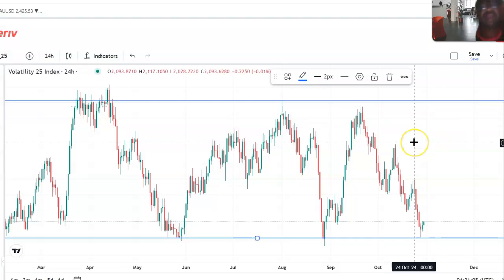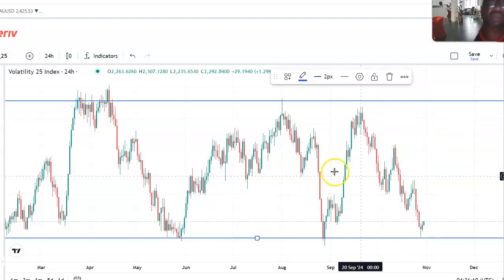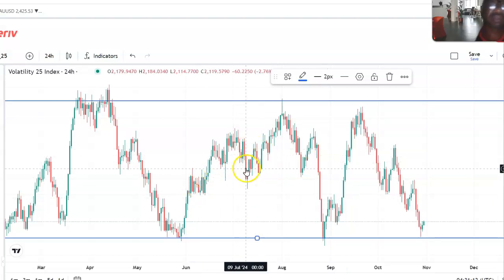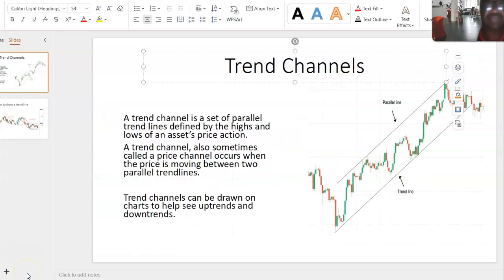So then another thing you need to do is to learn how to trade what? To trade channels. Okay. So after drawing your trend line, another thing you need to learn how to do is your trend channel. A trend channel is a parallel line to the trend line. So what is a trend channel?